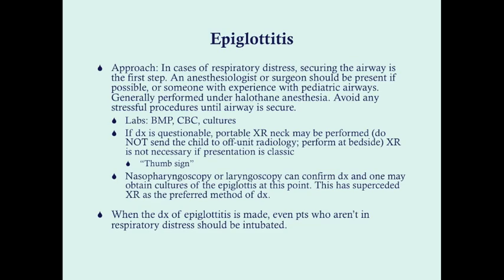Only the most stable patients can we wait and see while we're working them up. So if there's any signs of respiratory distress, these patients are going to be immediately wheeled off to an OR where they'll get halothane anesthesia and an insertion of an orotracheal tube.